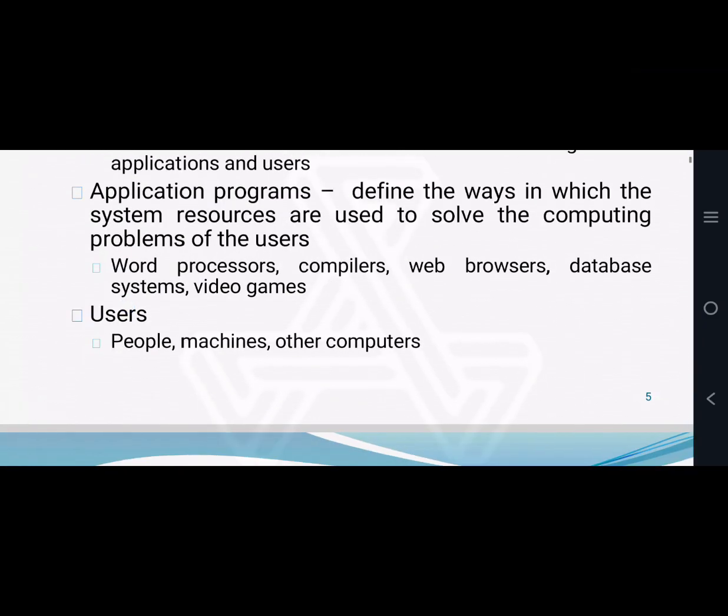Application programs define the ways in which the system resources are used to solve the computing problems of the users: word processors, compilers, web browsers, database systems, video games. Users: people, machines, other computers.